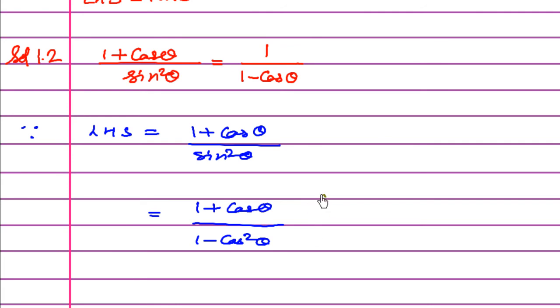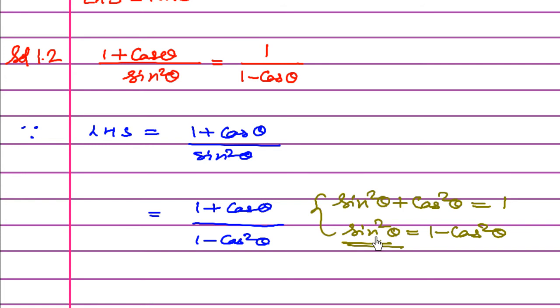I explain you here. Because we know that sin square theta plus cos square theta is equal to 1. So if I transfer cos square theta to the other side, I will get 1 minus cos square theta on the right side. So it is equal to sin square theta. So instead of sin square theta, we are putting 1 minus cos square theta.